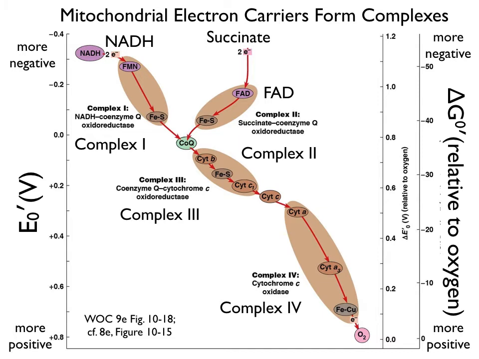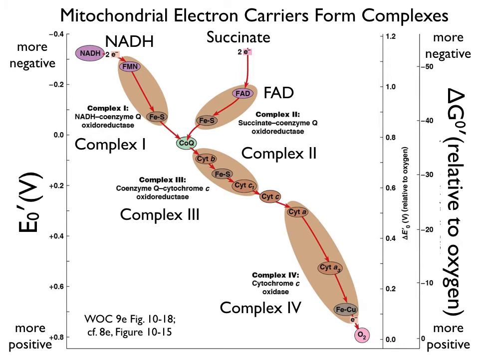And then those electrons are transported to a shuttle compound, coenzyme Q, and then they're transferred to another complex, which is complex 3. Complex 3 contains coenzyme Q and something called cytochrome C, and then they're handed off through cytochrome C to a final complex, complex 4, at the very bottom of this diagram.